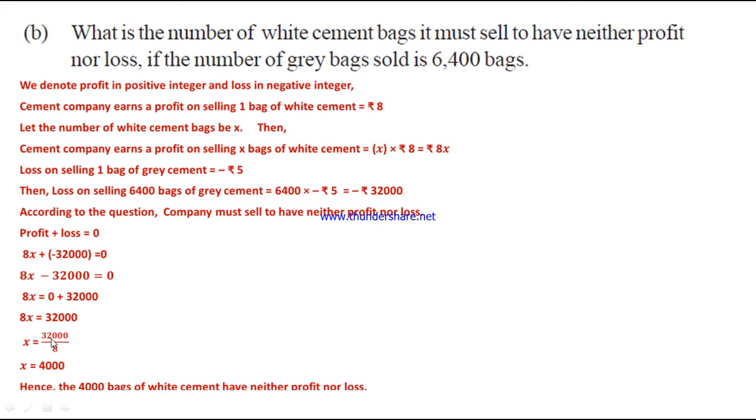Now we divide these values and get 4000. x equals 4000. What is the meaning of x?